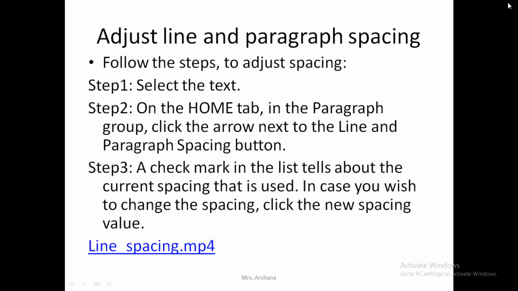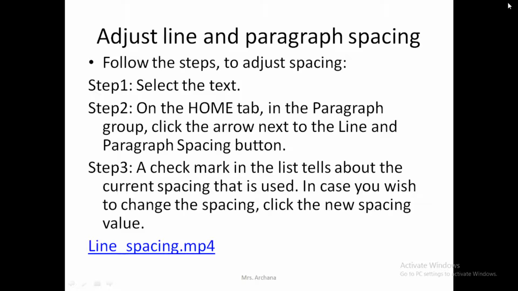Now, adjusting line and paragraph. How to adjust this line and paragraph? That means spacing. That means whenever we are writing lines, how much space we want between two lines, that also we can adjust, and how much space we need between two paragraphs, that also we can adjust. Okay, so how to do it? The steps are: select the text on the home tab in the paragraph group.